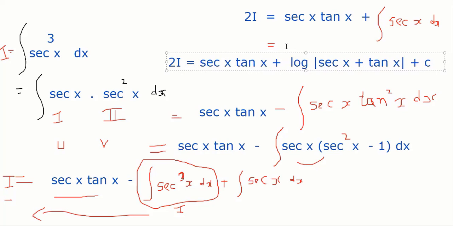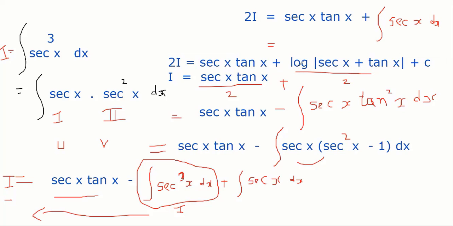So in my two integrations, what I did is I changed the integration of secant. Integration of secant x is log of secant x plus tan x. For the final answer, I need only I, the integration. So it becomes half, because you take 2 to the right side. So it becomes half of secant x tan x, plus half of log of secant x plus tan x.